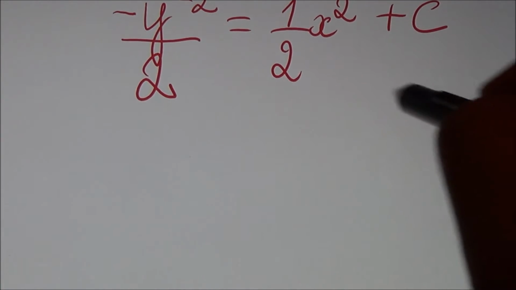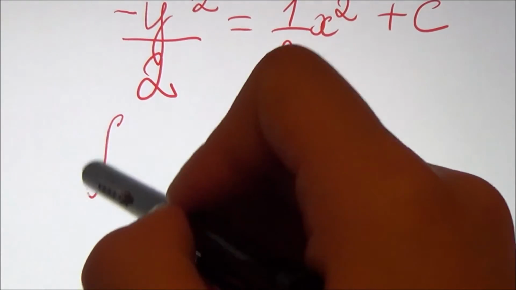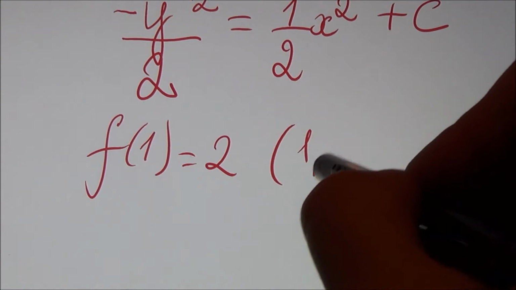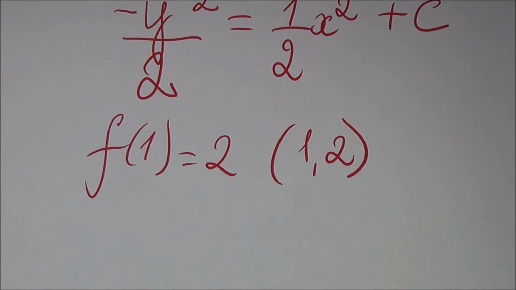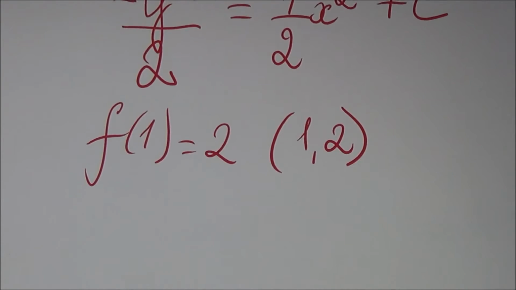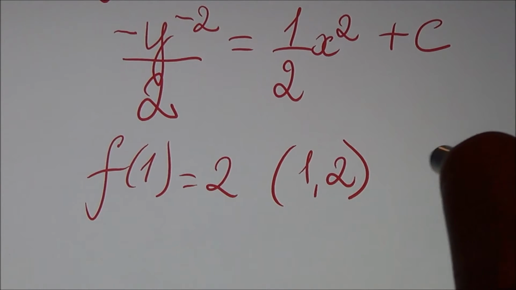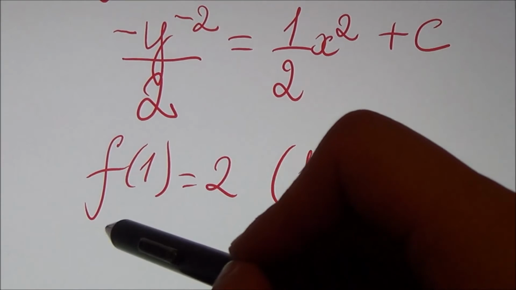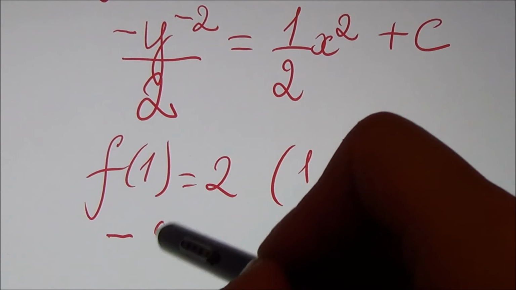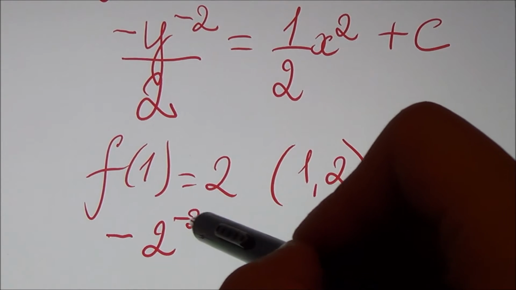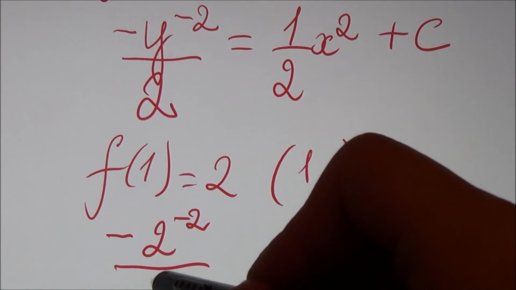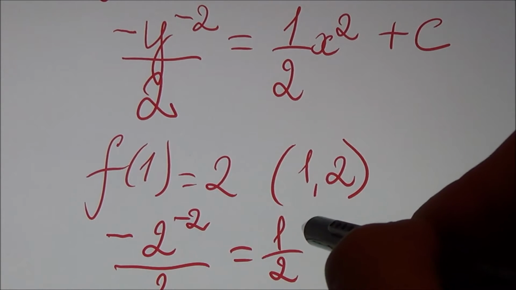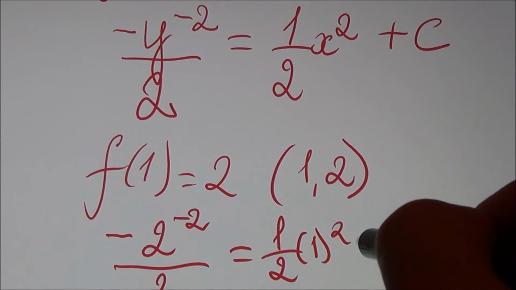So now we can plug in the initial condition, which is f of 1 is equal to 2, or the point (1, 2), and this will be to find the value of c. So we plug in 1 for x and 2 for y, so it's going to be negative 2 to the negative second power over 2, which is equal to 1/2 times 1 squared plus c.